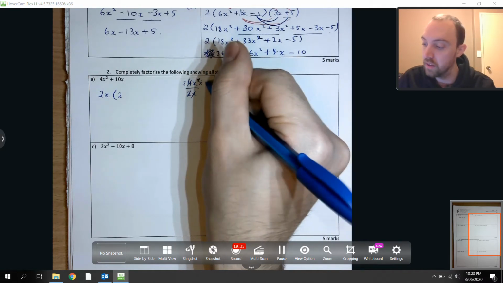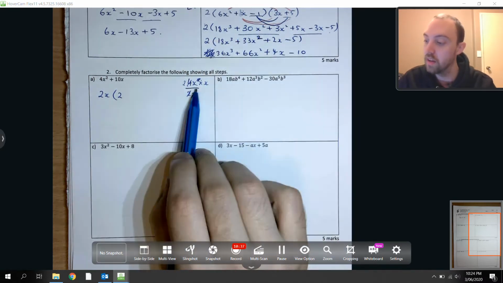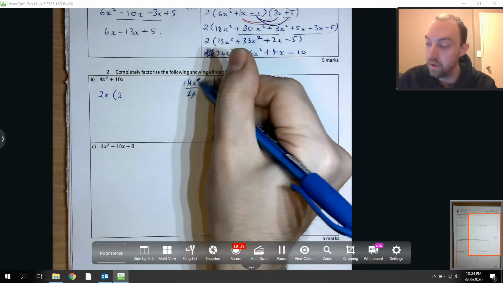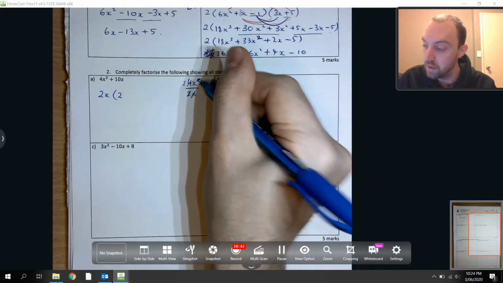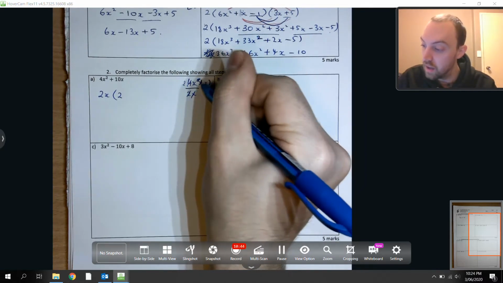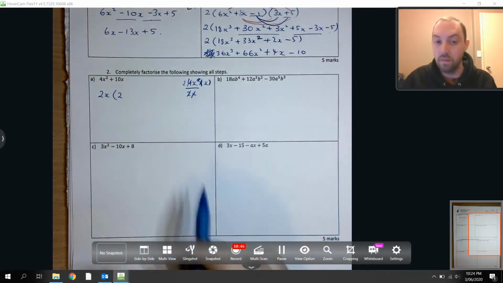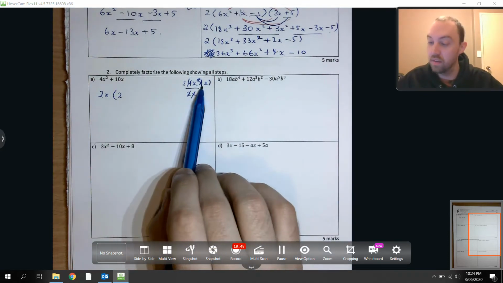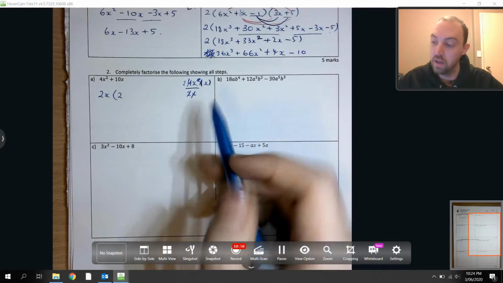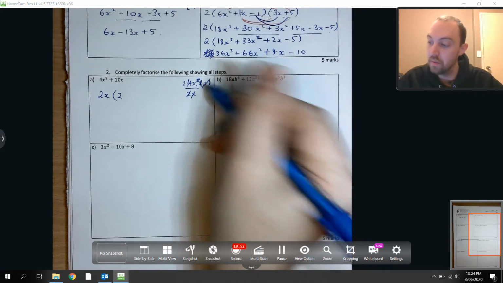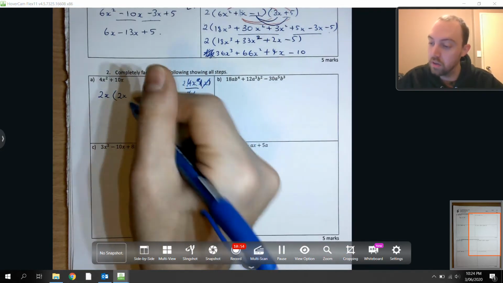Maybe it'd be easier to show you that. There we go. 4x times x makes 4x squared. That x is going to cancel out with one of them, just leaving 1x.